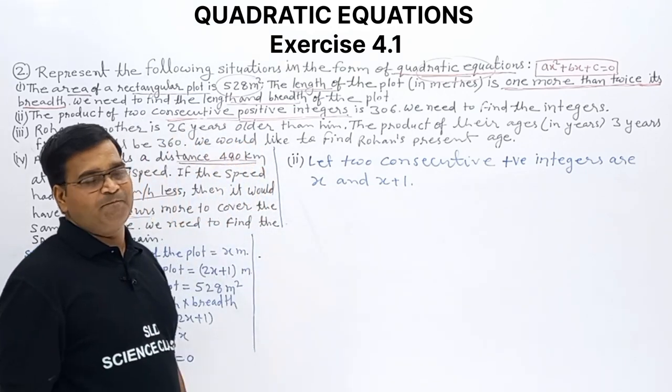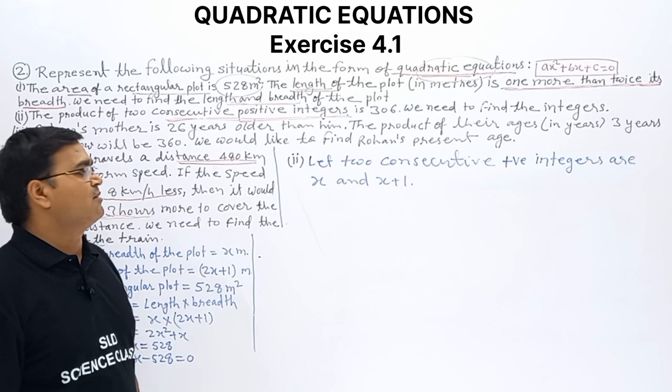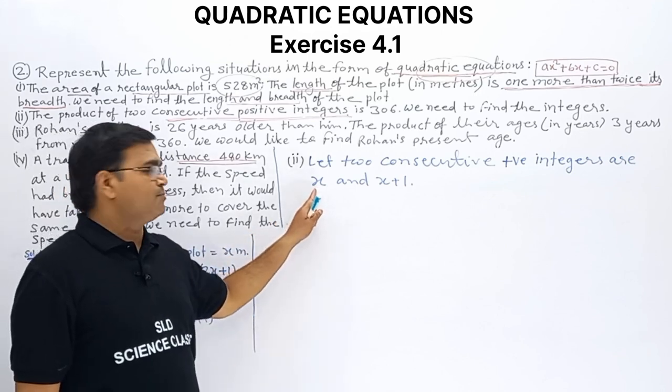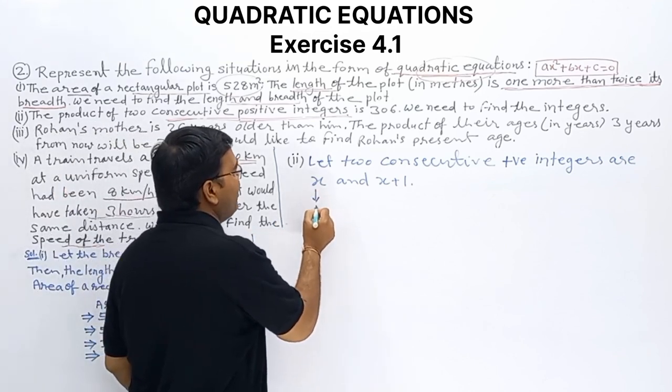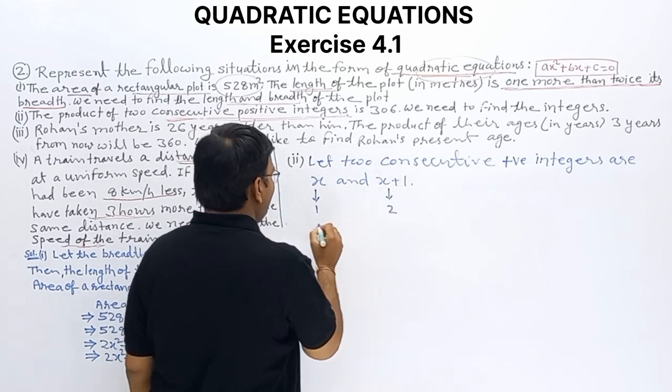What are we assuming? 2 consecutive positive integers. If x is 1, observe, x plus 1 will be what? 1 plus 1, 2.